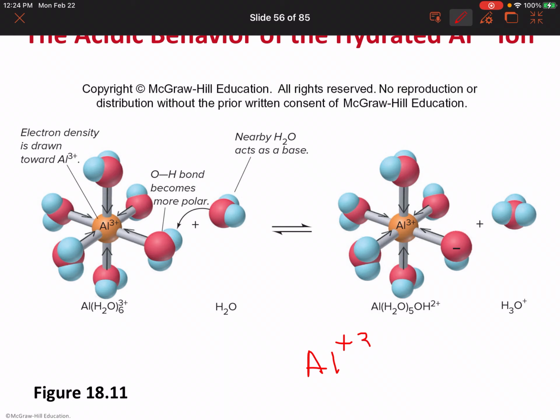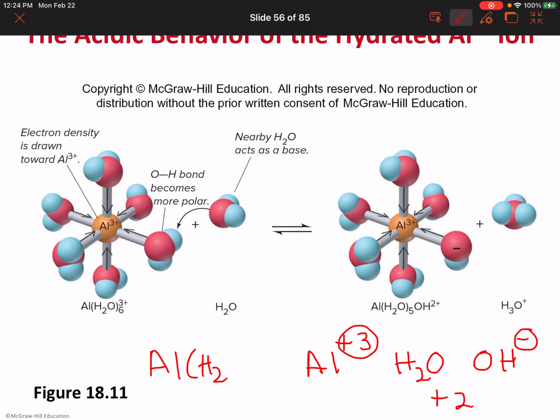So aluminum plus 3, and you have 5 neutral water molecules, and you have 1 OH minus. So plus 3 and minus 1 will make it plus 2. As a result, you write the complex as aluminum with 5 water molecules and then OH, and the charge of the complex is now plus 2.